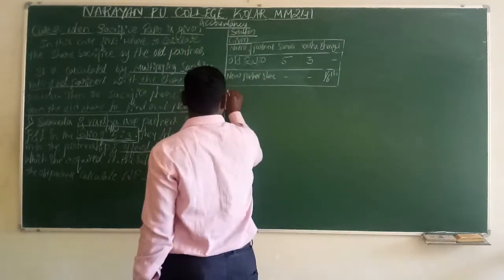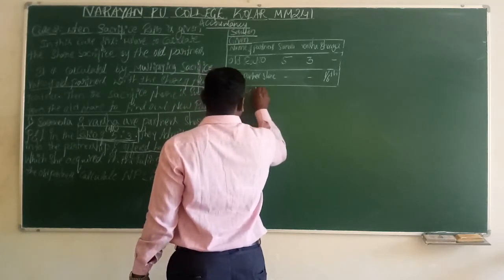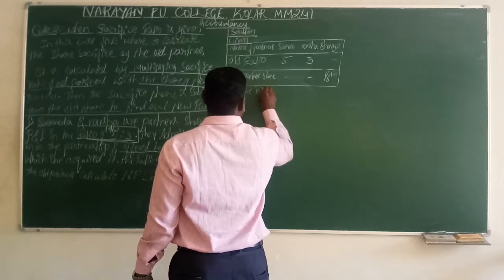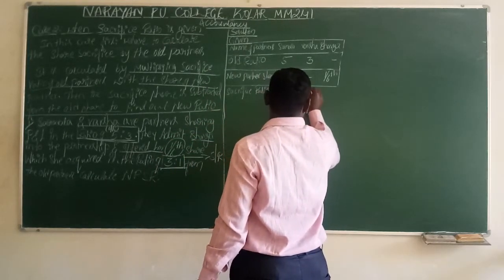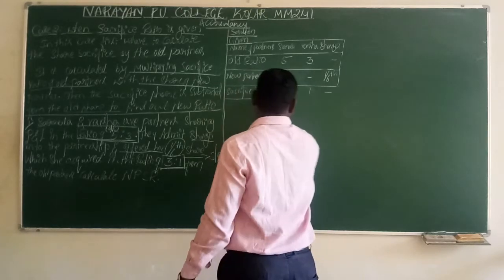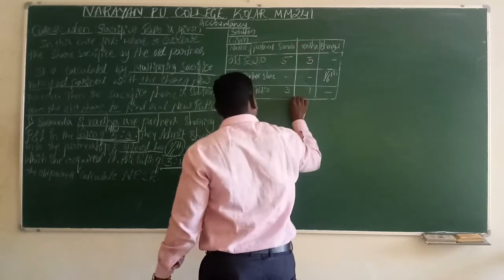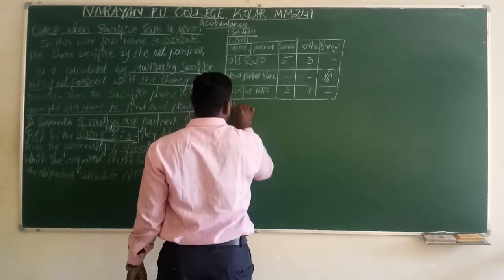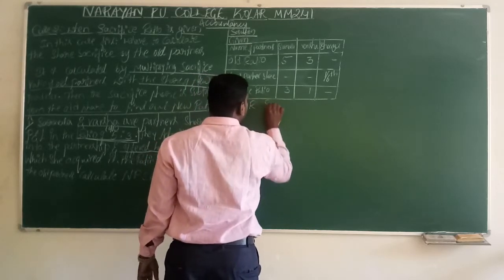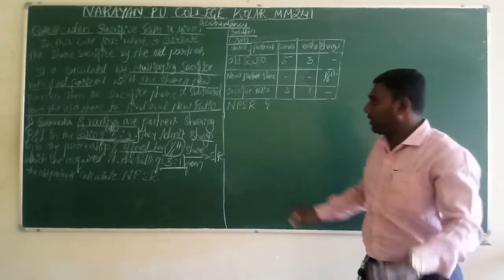In addition, they give the sacrifice ratio, that is 3:1. With the help of this information, we have to calculate NPSR, that is question 1. So this is the information available in our question.